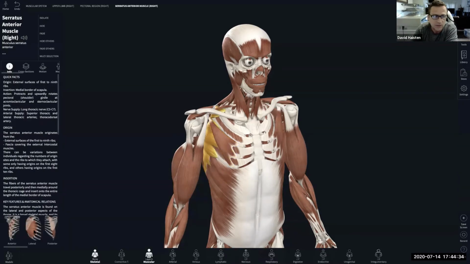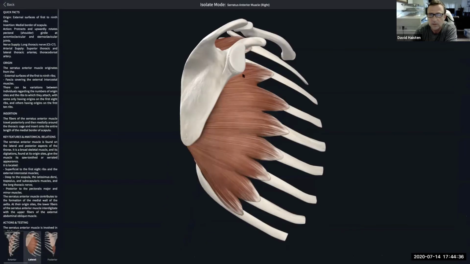Serratus anterior attaches to ribs 1 through 8 and the entire vertebral border of the scapula. Scapula stays still. Serratus anterior will pull on ribs 1 through 8 and pull your rib cage out.